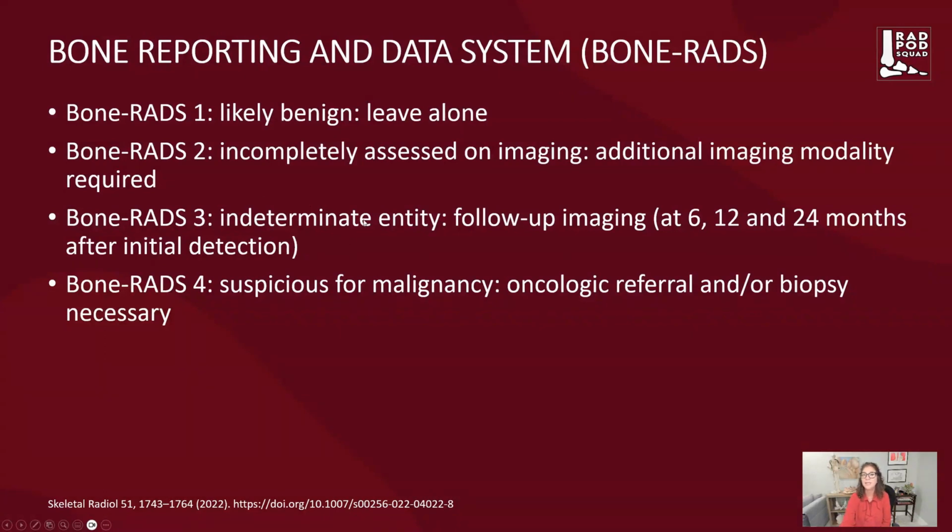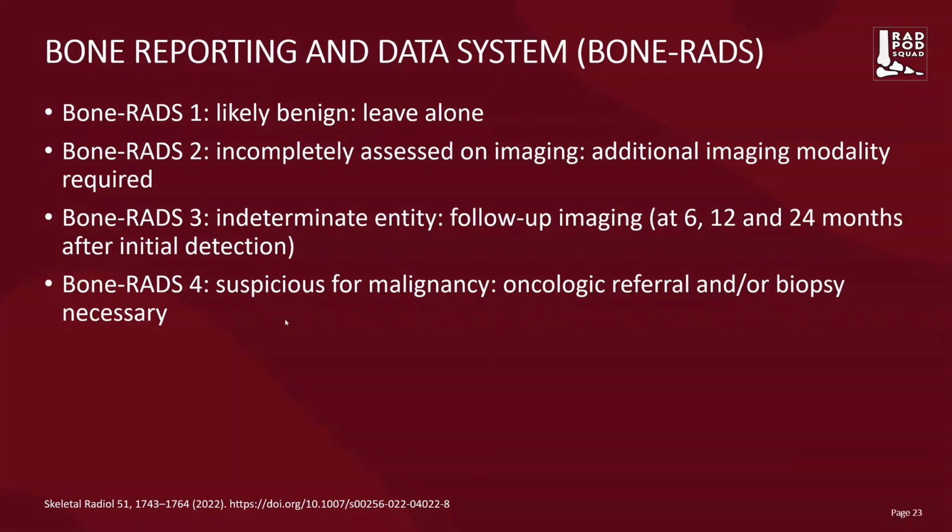We see a lesion, but it needs follow-up in time, and it gives coordinates. And lastly, if it's suspicious for malignancy, it's sent straight to the oncologic referral and/or a biopsy, and perhaps they will determine what type of imaging they'll need preoperatively.